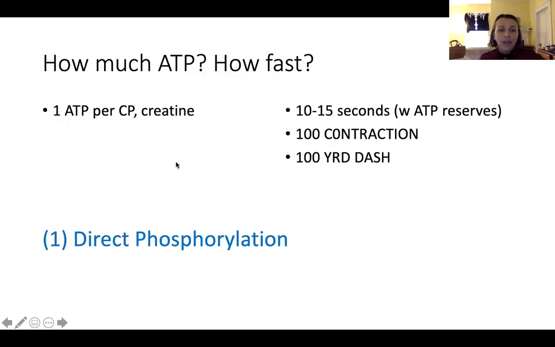So how much and how fast? We get 1 ATP per molecule of creatine. So this is enough for, again, 10 to 15 seconds. It's about 100 contractions. It's about a 100-yard dash. So we'll draw upon this almost simultaneously with the reserve, but the reserve energy is already there.